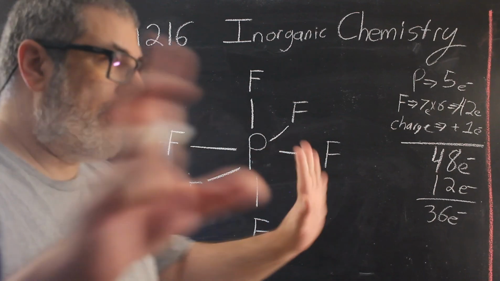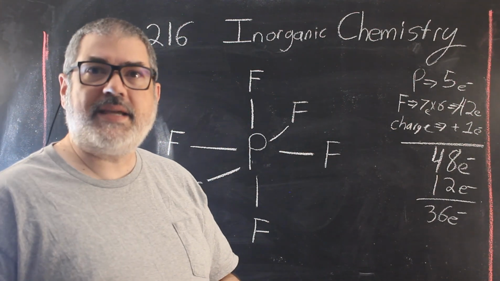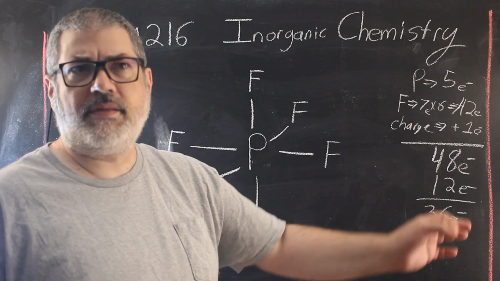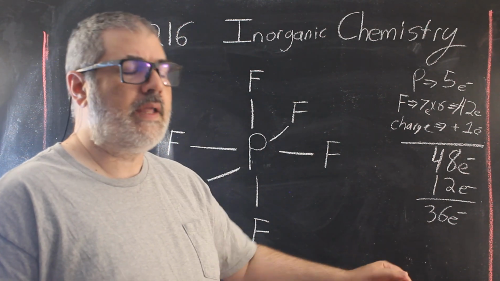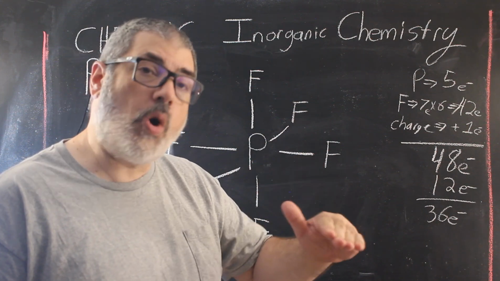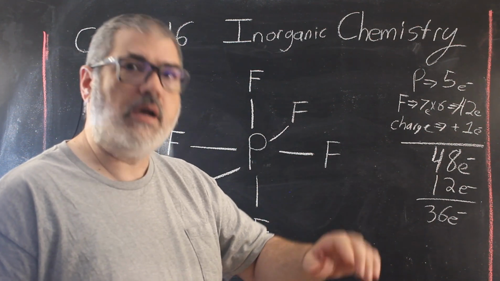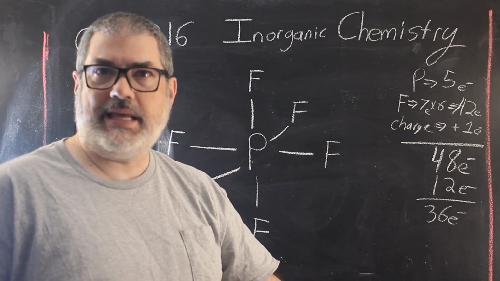All right. So, with all that aside, phosphorus is violating the octet rule, and it can. And again, I don't think I mentioned this in any of the videos earlier. Elements that have n equals 3 on the periodic table or greater can violate the octet rule.